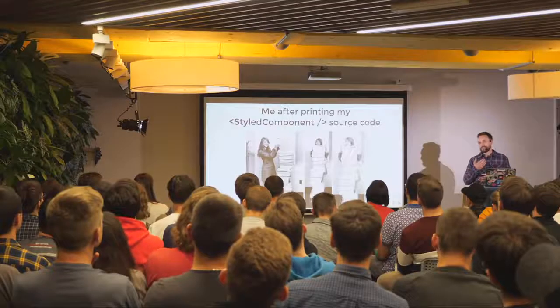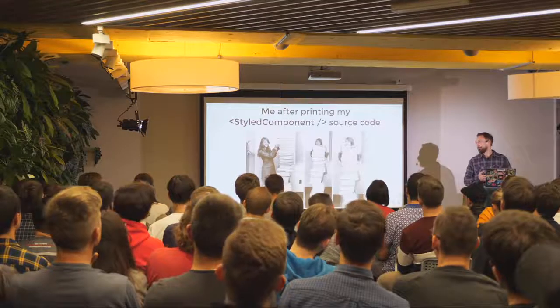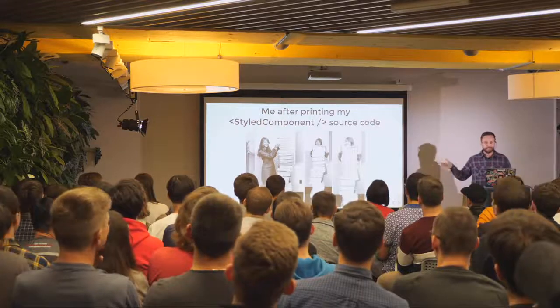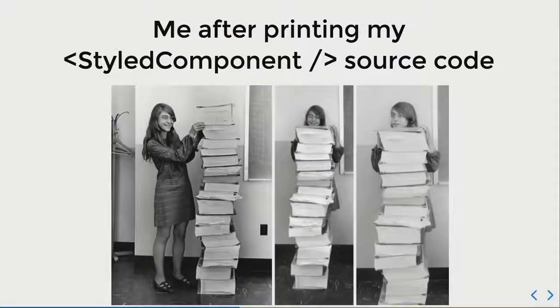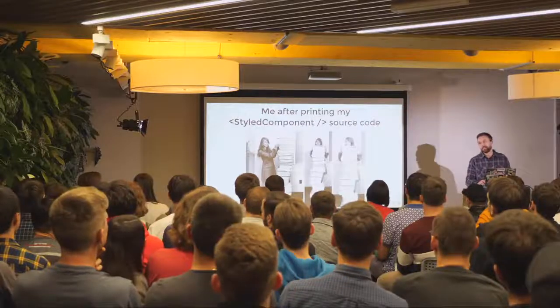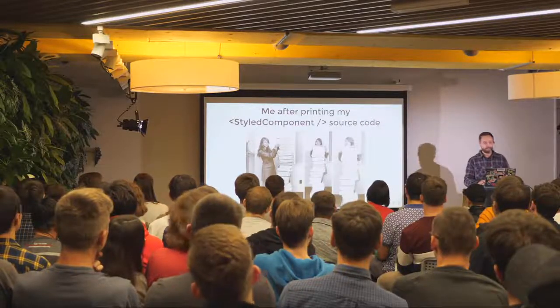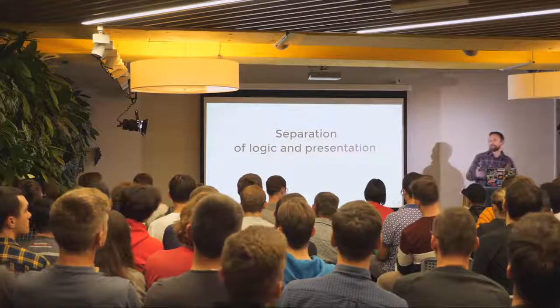In the end, you get a file that after printing would end up looking something like this, with tons and tons of pages of code just for a rather complex styled component with CSS and JS in the same file.